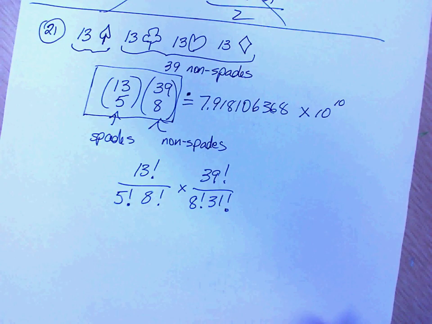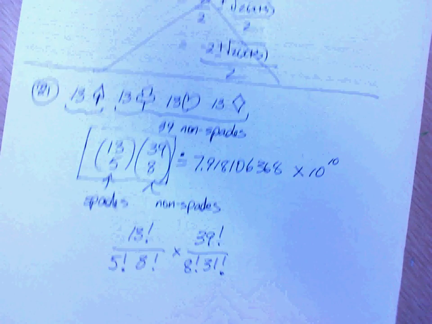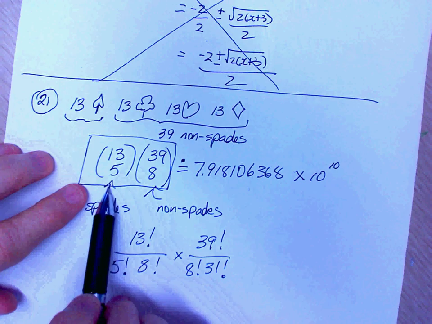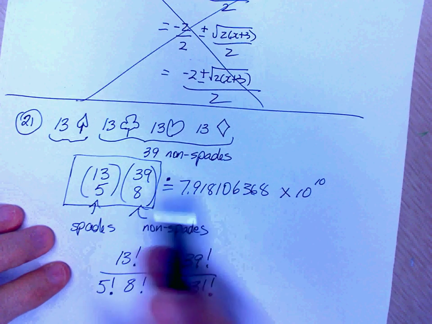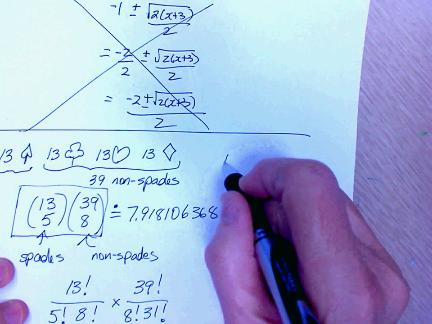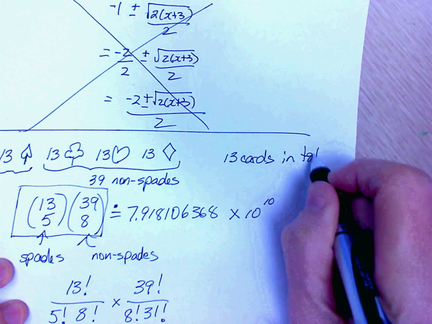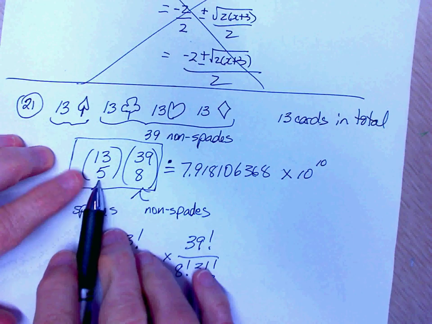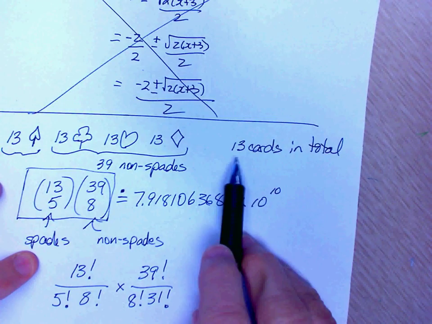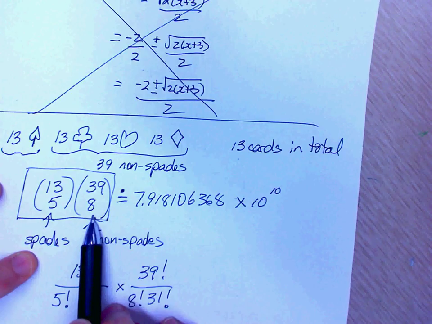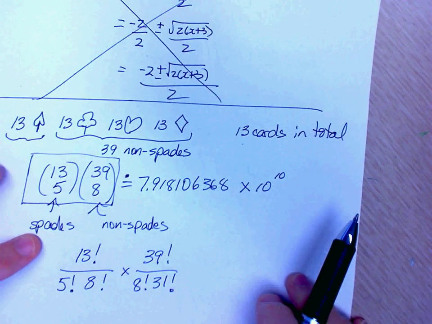Well, they only want exactly 5 spades, and a bridge hand has 13 cards in total, so we have to make up the other 8 cards, which must be non-spades. So that's your answer to number 21.